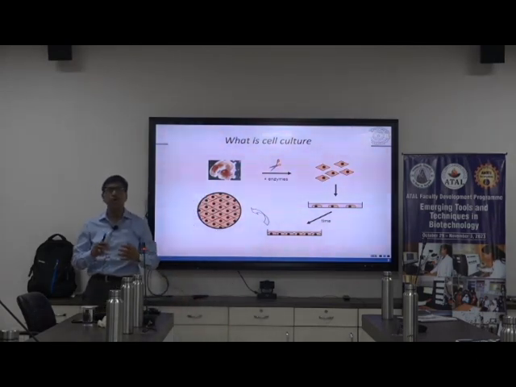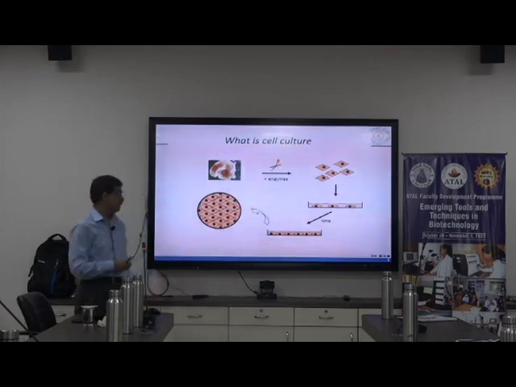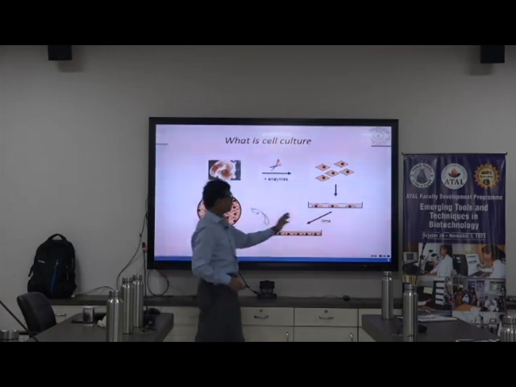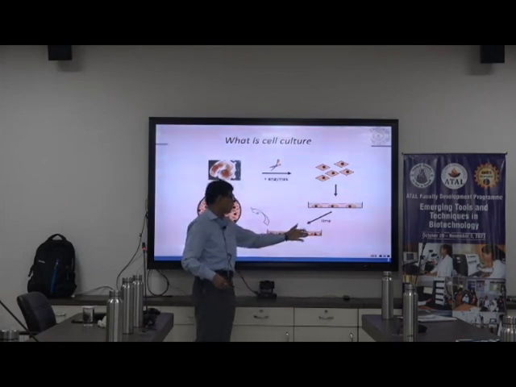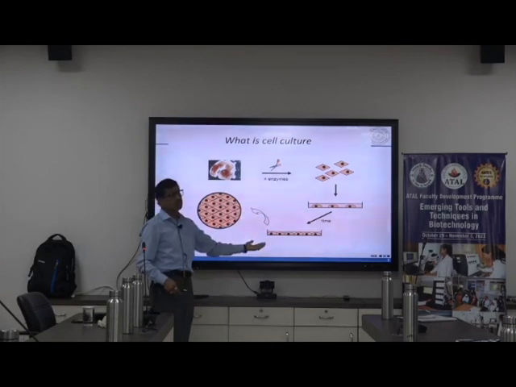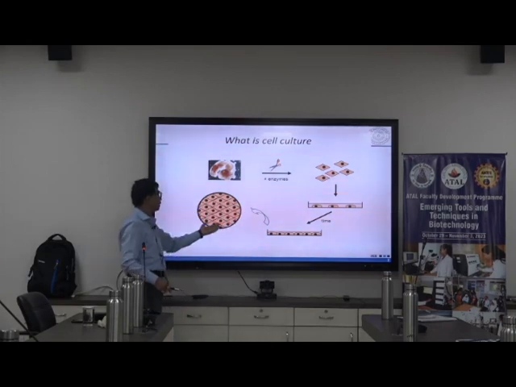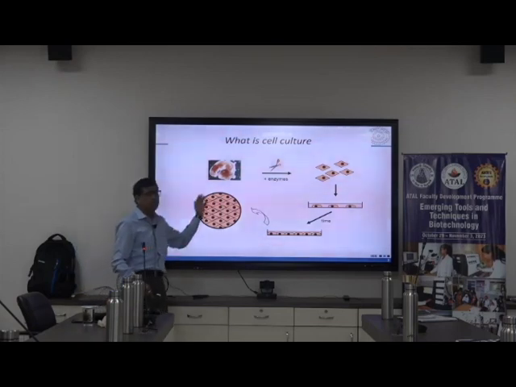What is a medium? You all know it. Medium is the fluid part which contains all the nutrients required for the growth of the cells. The cells will try to proliferate, meaning cell division takes place, and then the plate gets full. You can continue culturing these cells in in vitro condition, days after days, months after months, years after years.